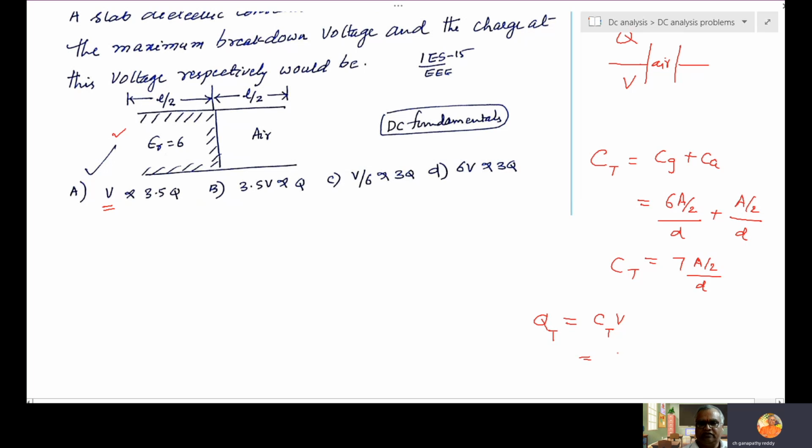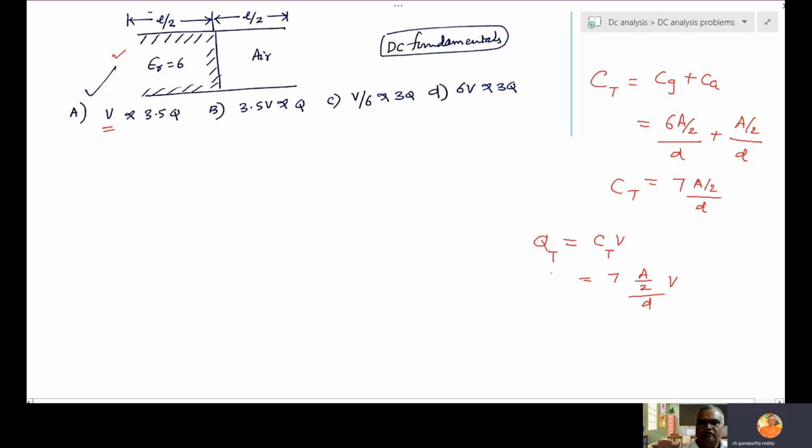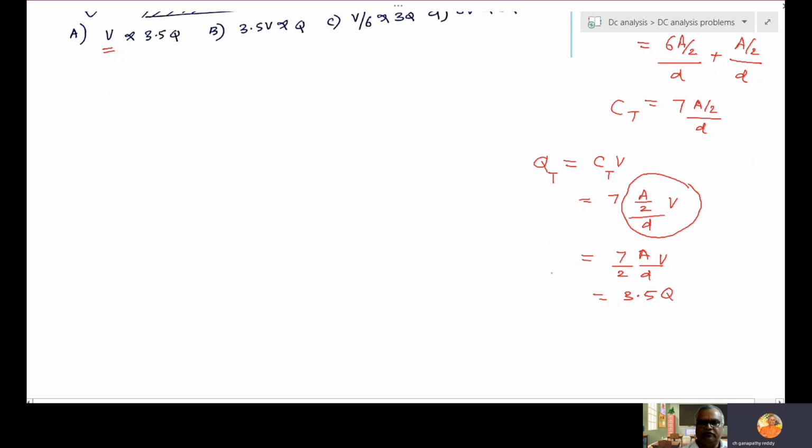What is C_T? 7 A by 2 by D into V. So this is nothing but 7 by 2 of the original Q, 7 by 2 A by D V. So this is nothing but 3.5. 3.5 is the answer.